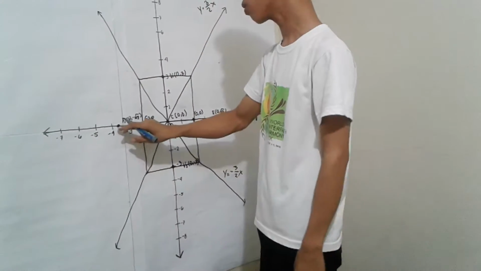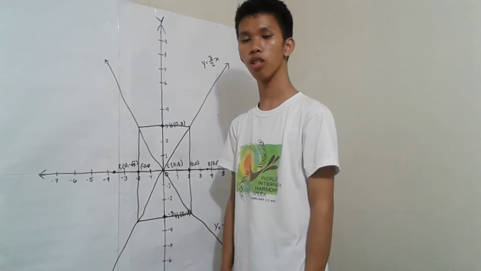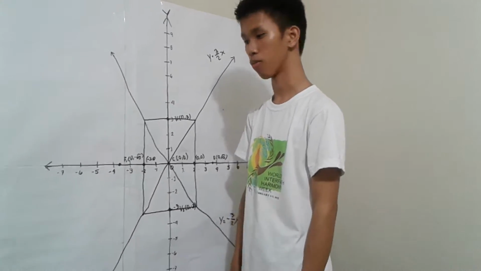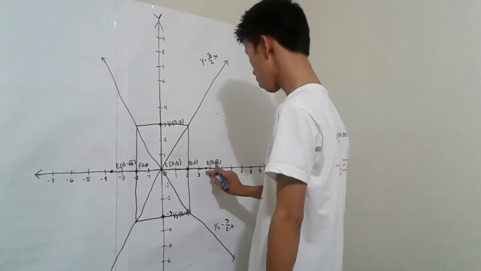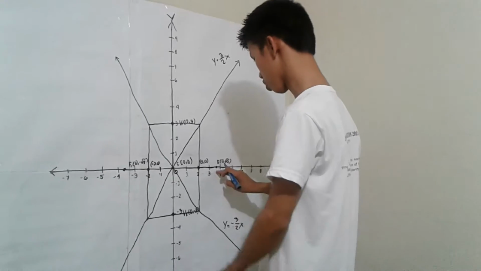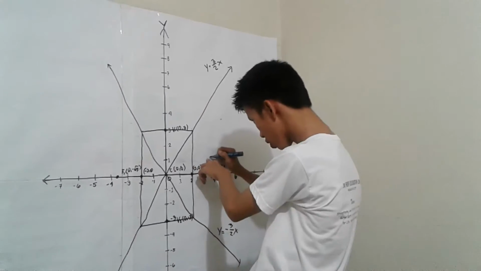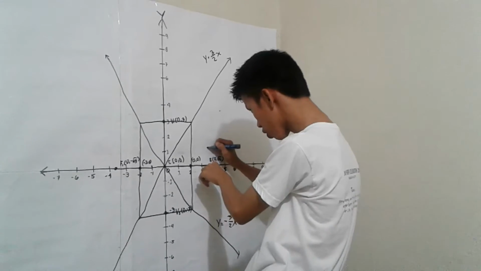Through these points, we can locate the endpoints of our latus rectum. From here, we add 4 over 3 or 1.33, somewhere here.